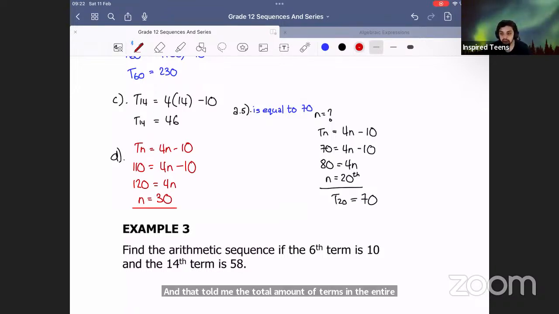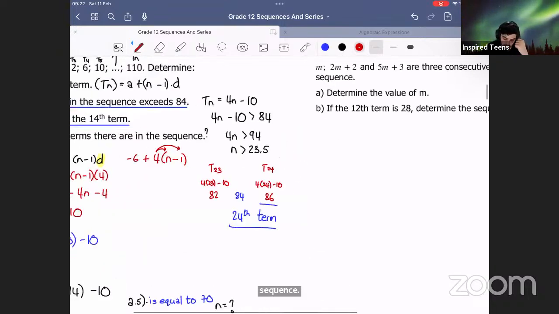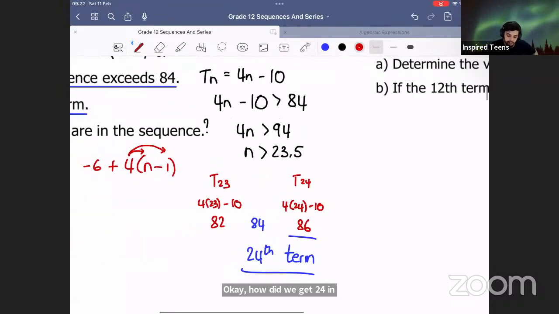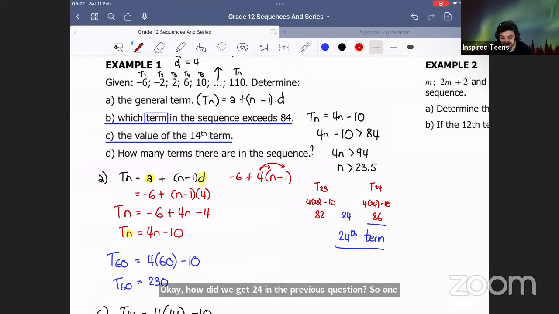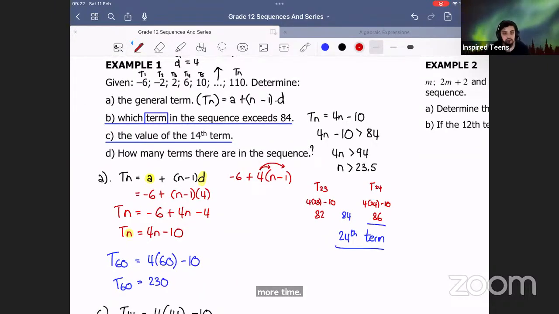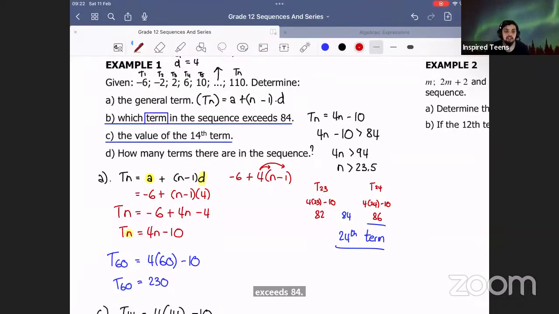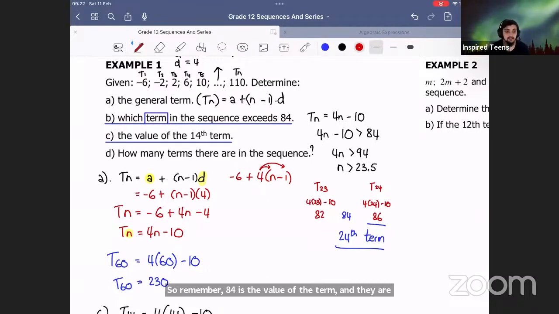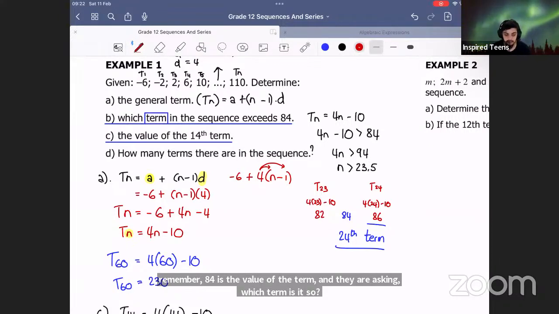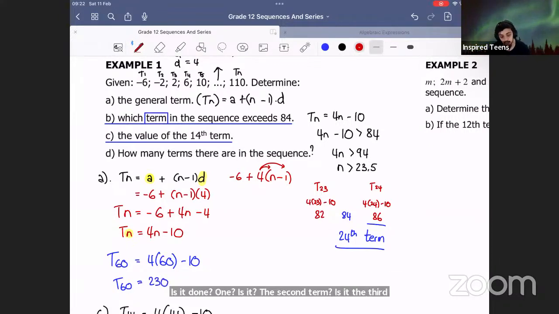Okay, how did we get 24 in the previous question? So one more time, the question was which term in the sequence exceeds 84? So remember, 84 is the value of the term, and they are asking which term it is. So is it term 1? Is it the second term? Is it the third term? Is it the fourth term? So that's always to do with n. So we need to calculate n.